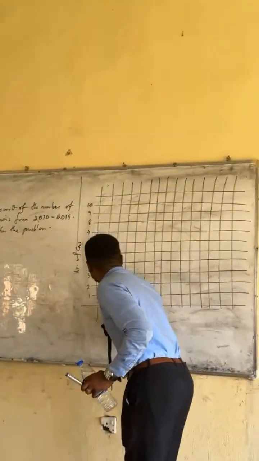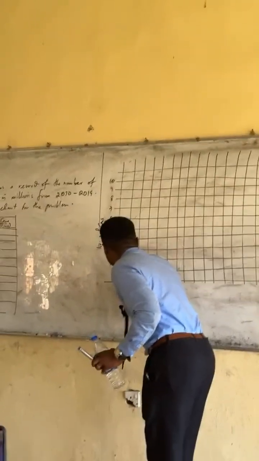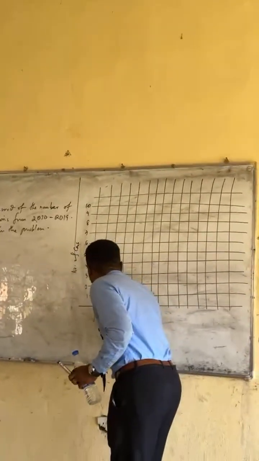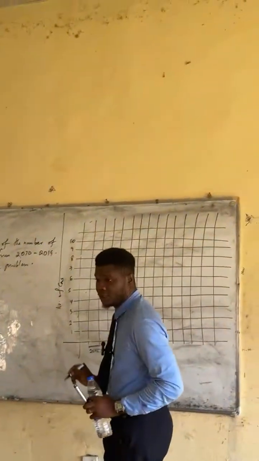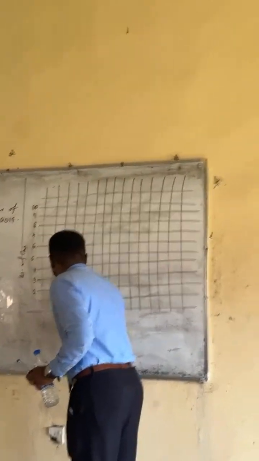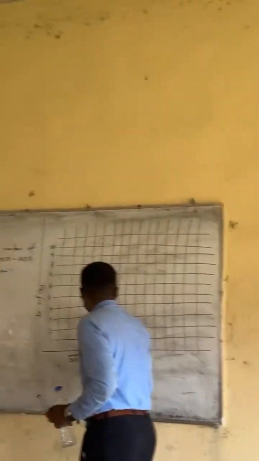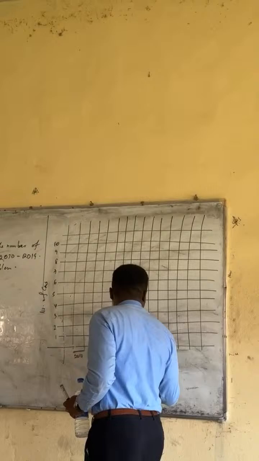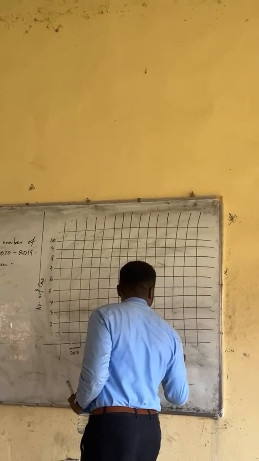If I leave the first space between 0 and here, I'm going to call this one bar 210. You see it? I'll leave a space, and this will be 211. The next will be 212, 213, 214, 215, 216.